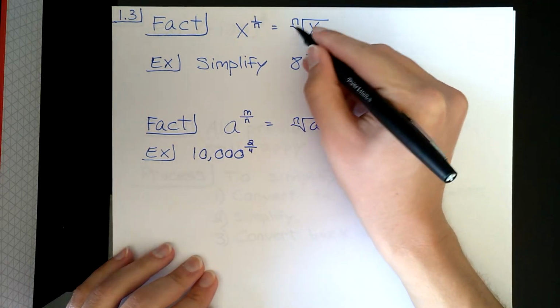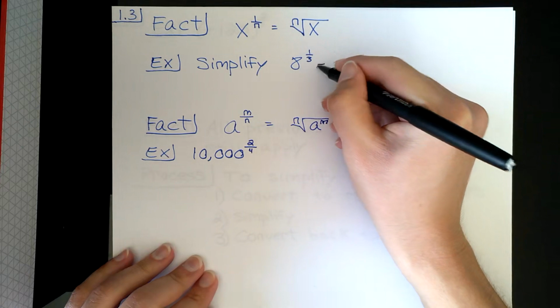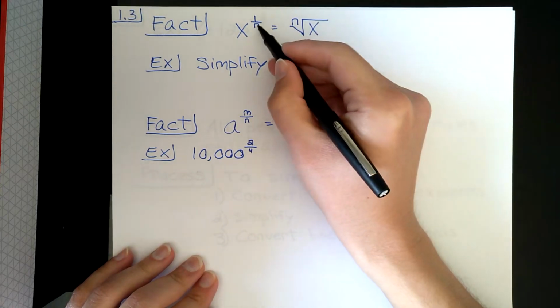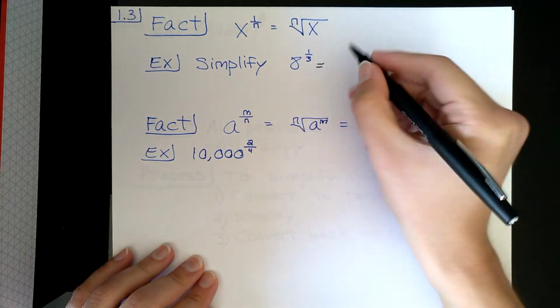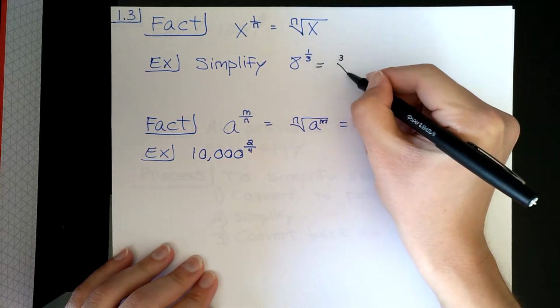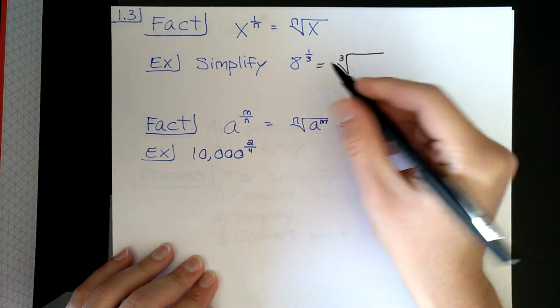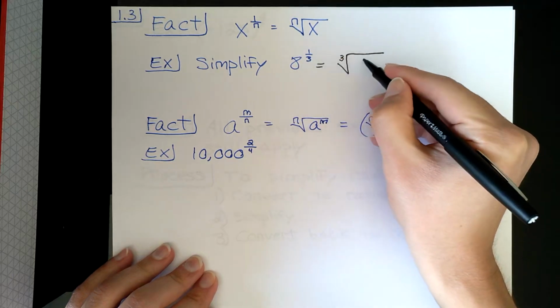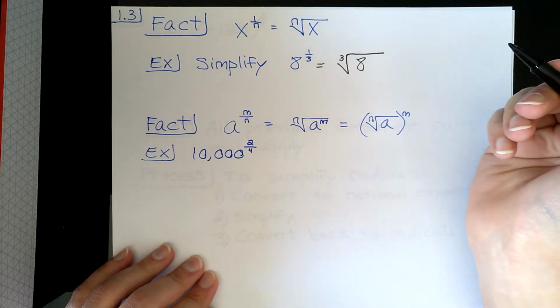So we're going to use this conversion here that says 8 to the 1/3 power is equal to the denominator of this exponent, 3, being the radical index. So 8 to the 1/3 is the same thing as saying the cube root of 8.